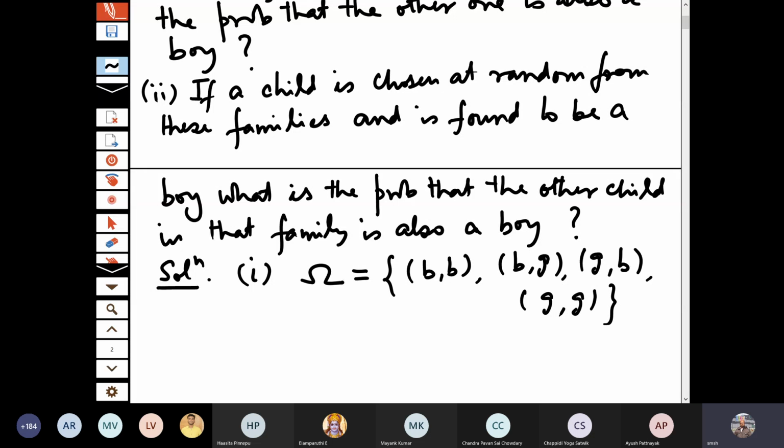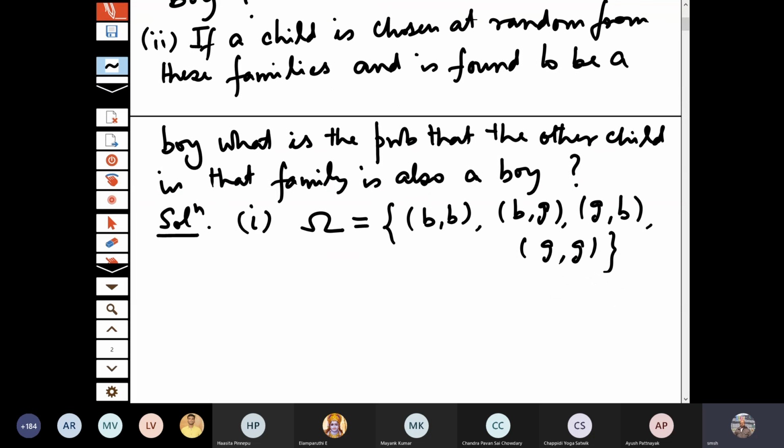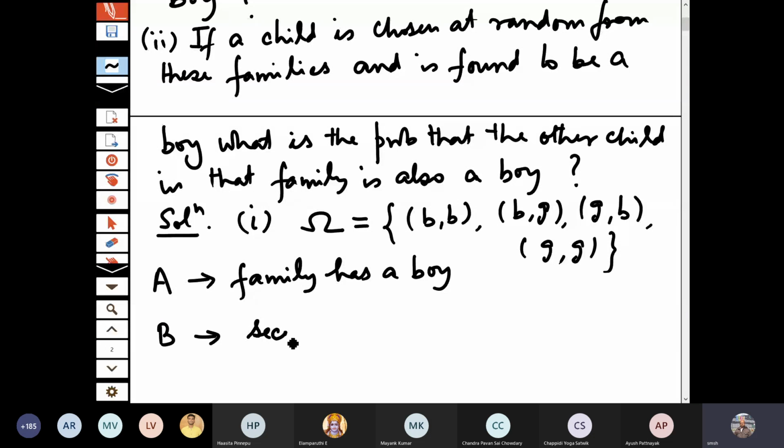Okay. And the event A, let us consider that family has a boy, and let us consider B to be the event that the second child is also a boy.